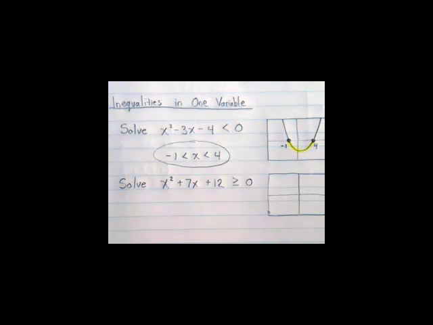But remember, the first thing you got to do is figure out where those x-intercepts are. So it should be -4 and -3, if you look closely at that.